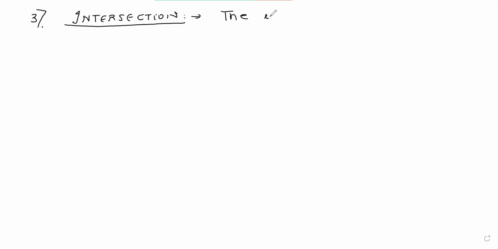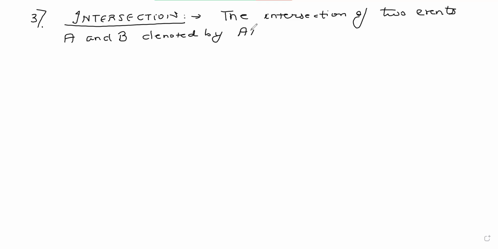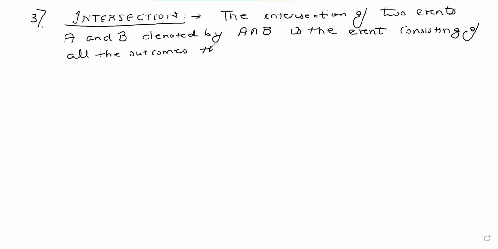I can write that the intersection of two events A and B, denoted by A intersection B, is the event consisting of all the outcomes that are there in both A and B. So intersection means I'm specifically looking at those outcomes which lie in both A and B. Union was where the outcomes were lying either in A or in B or in both.